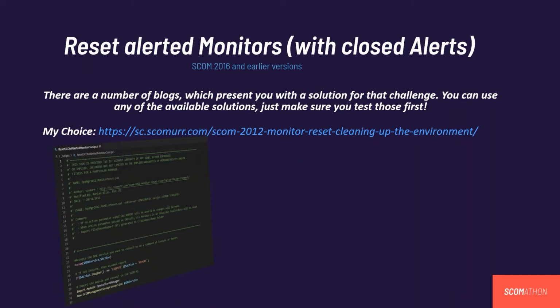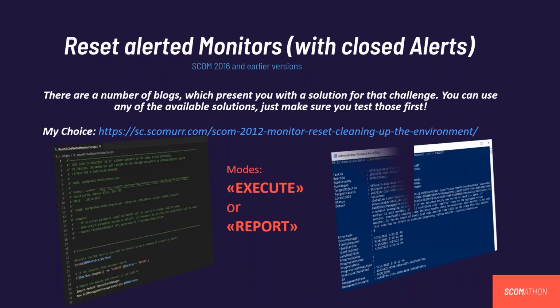And the really awesome thing about this particular script is that you can either use the execute mode, which directly gets all the monitors which have already generated alerts, and those alerts have been closed by an operator, not by the system. That's important. Or the other thing you can do is also report on the number of monitors.